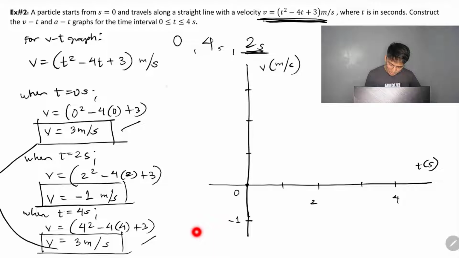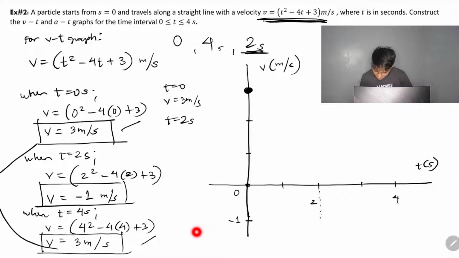Pag yung ating time is at 0 seconds, ang velocity natin is 3 meters per second. Ito siya. And kapag yung time natin is at 2 seconds, nun magbabago yung kanyang velocity, magiging negative 1. Ito po siya. This is negative 1 meters per second.